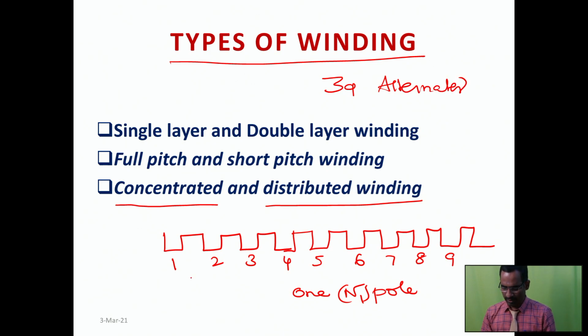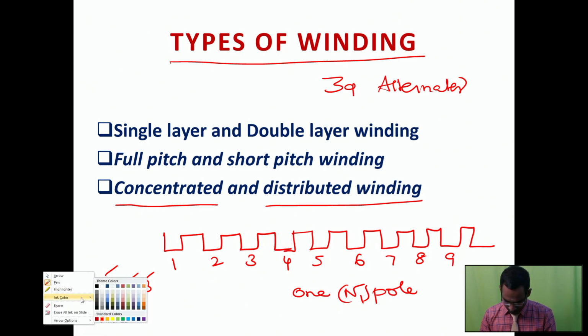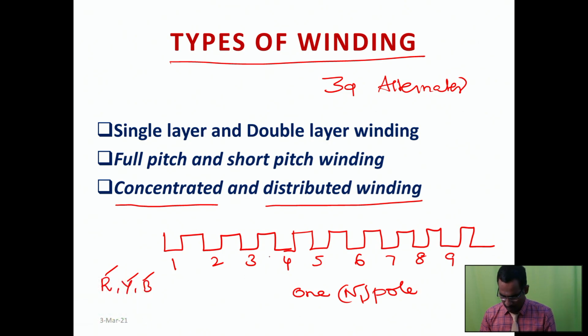So 3-phase means we have 3 sets of windings, one winding for each phase, R, Y, B. In these 9, I am going to divide the number of slots per phase. So the first 3 slots represent R phase.